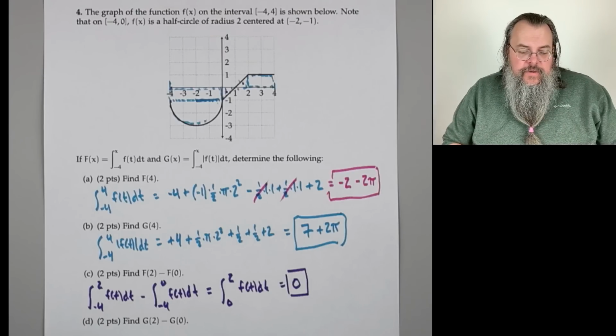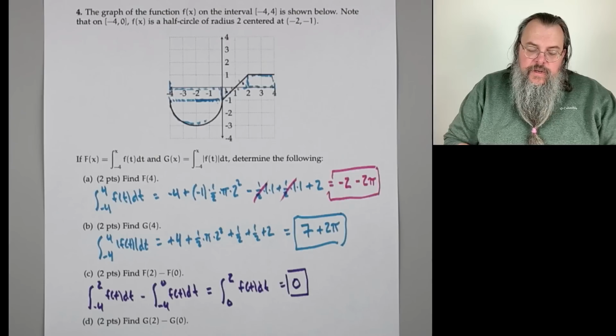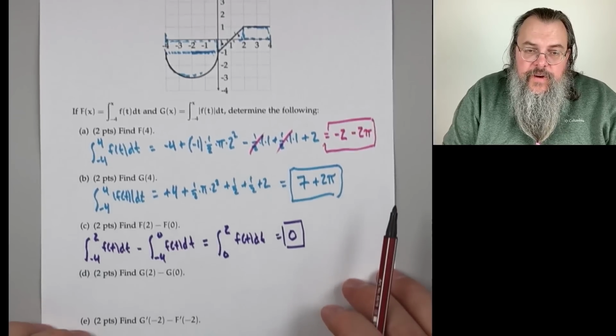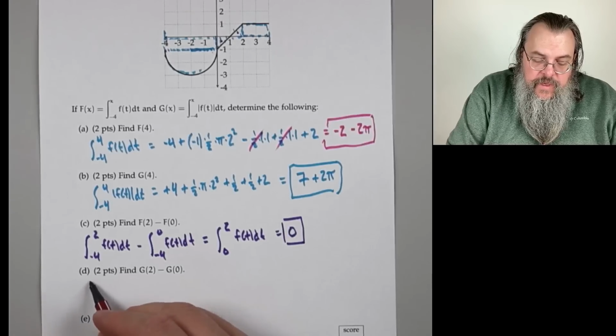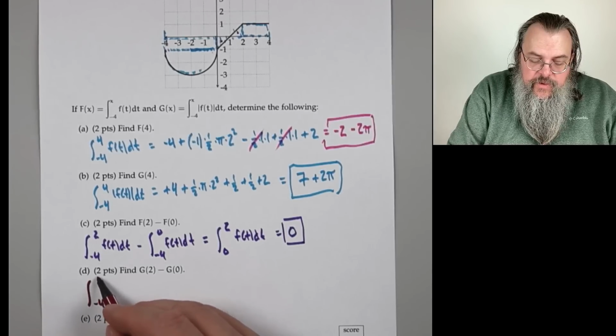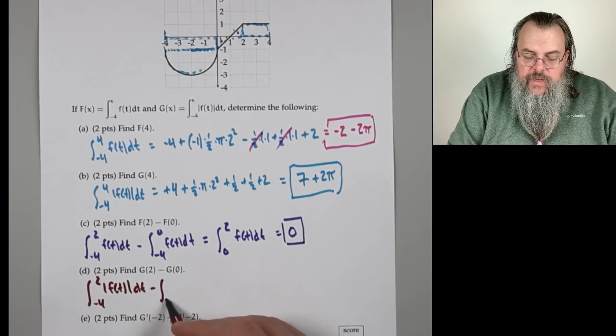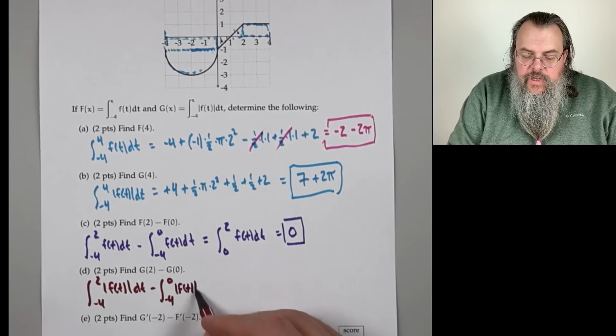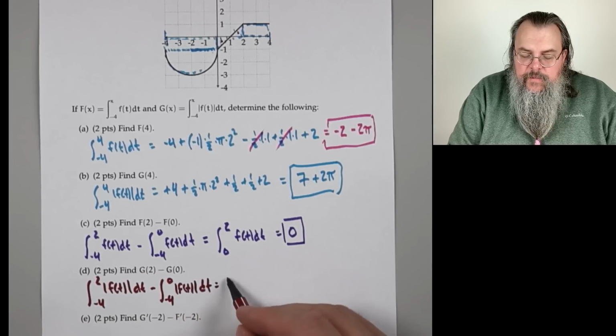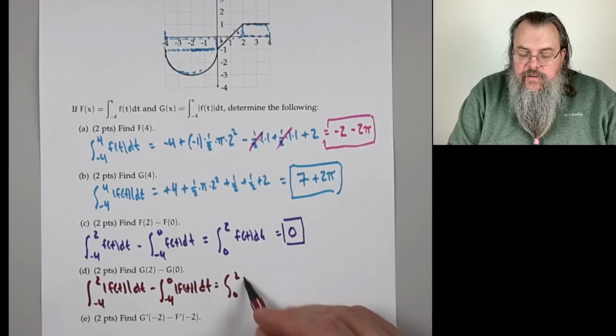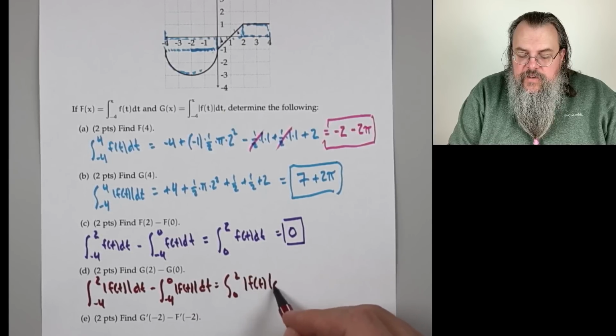And we say, okay, what about our next one? Well, it's going to be very similar, right? Except now it's g, but everything else follows through. The only thing that's different is we get absolute values. So again, we can say, well, look, these two pieces combine. We can say this is the same as going from 0 to 2 of the absolute value of f of t dt.